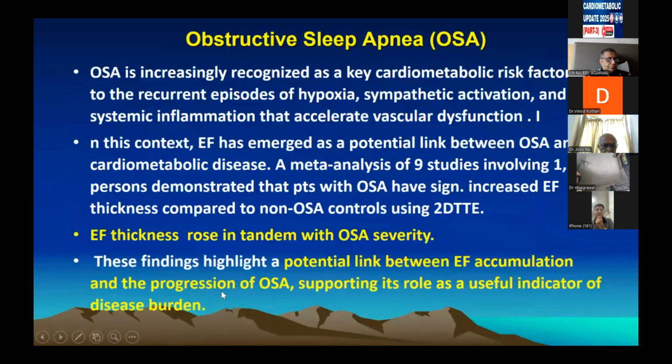Well, what about obstructive sleep apnea? As you know, obstructive sleep apnea is increasingly recognized as a key cardiometabolic risk factor due to the recurrent episodes of hypoxia, sympathetic activation, and systemic inflammation that accelerate vascular dysfunction. And what has been shown is that epicardial fat thickness rises in tandem with obstructive sleep apnea severity.